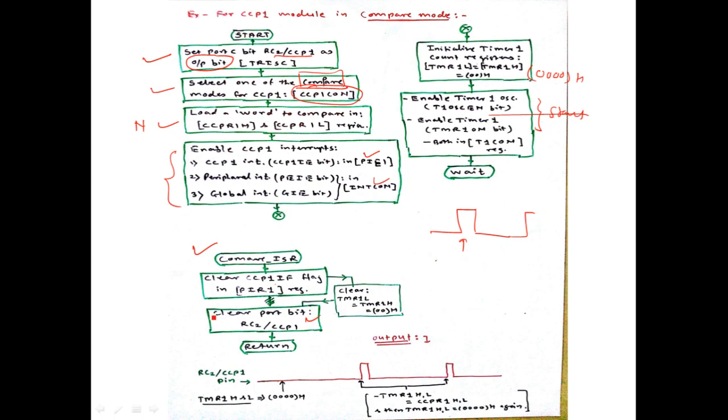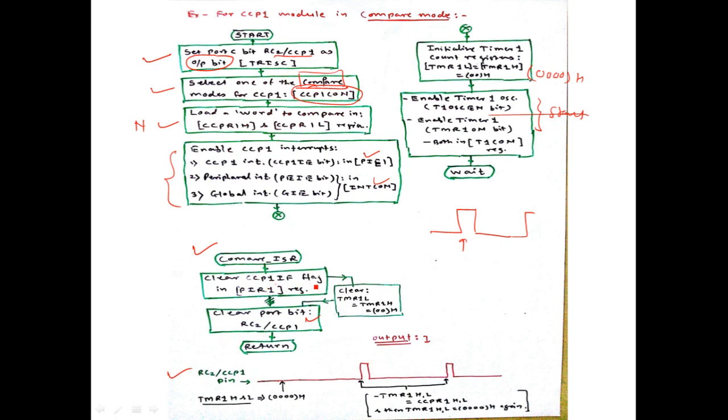So because of this, you can see that this is the status of the port pin. Initially your timer has 0 count, right? When this matches with your n, the output pin will go high, and it will go to the ISR.